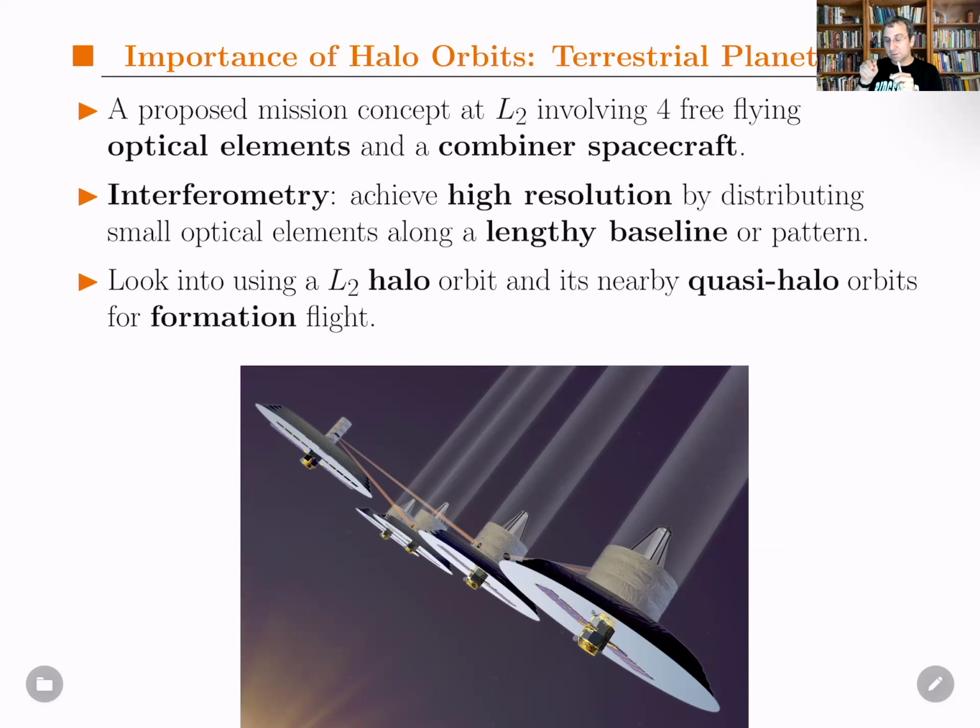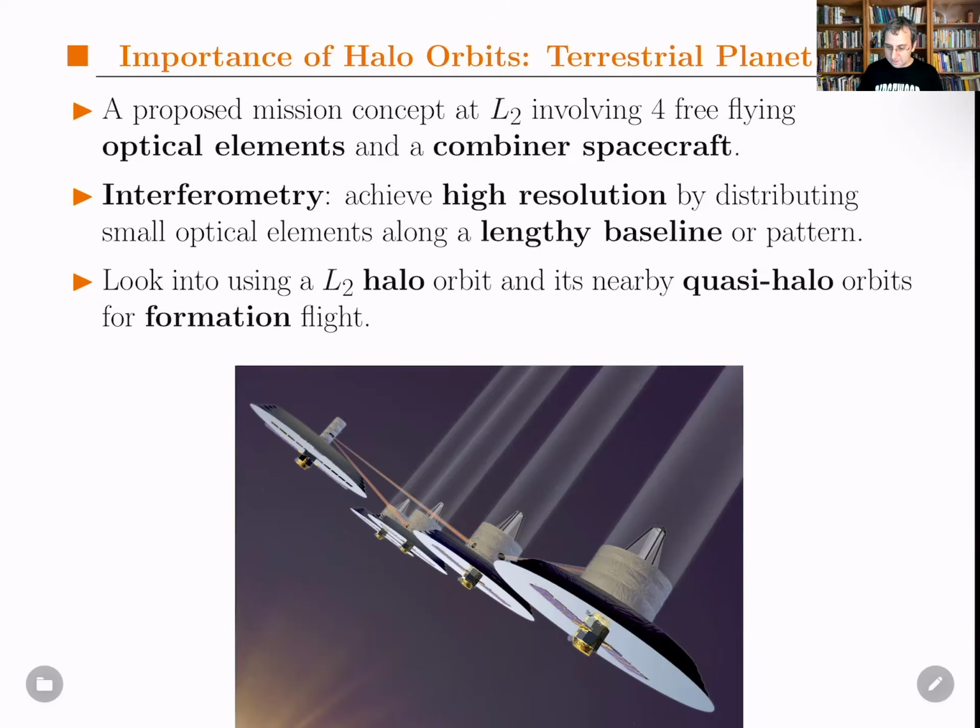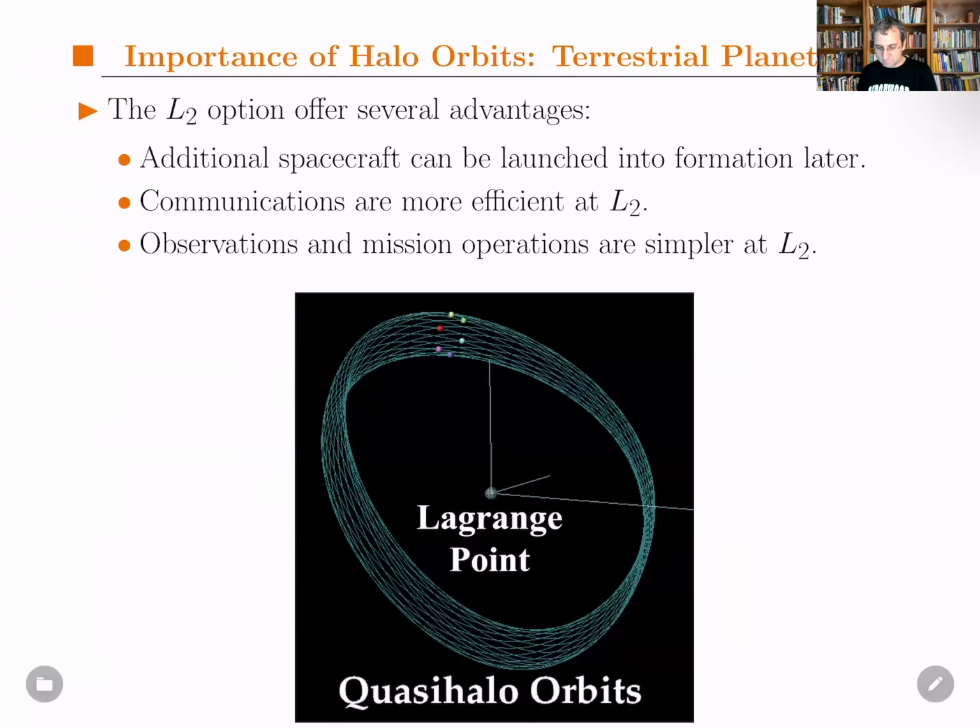In fact, each of the individual trajectories for the spacecraft wasn't going to be on the halo orbit itself. They were going to be on something called a quasi-halo orbit. So this gives an idea of what a quasi-halo is. Instead of being one periodic orbit, it looks like a torus that's winding around that periodic orbit. So you could have several things. This is showing about 6 trajectories going around a quasi-halo orbit.